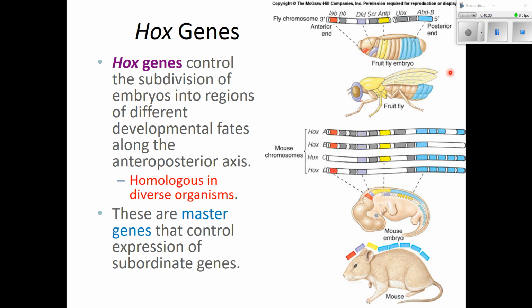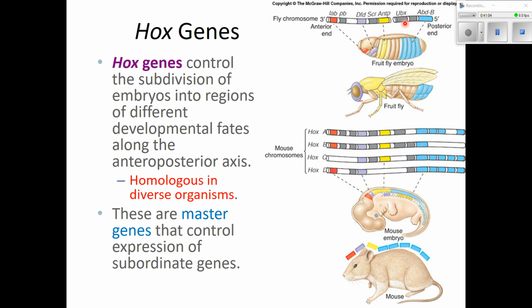So there's one Hox gene that kind of starts the development of the head, and another Hox gene might control the development of the eyes, and another Hox gene might control the development of the throat or the chest, another one the abdomen, another one the legs. And Hox genes switch on at certain points in embryological development to basically control the basic body plan so that your legs form where they're supposed to form.